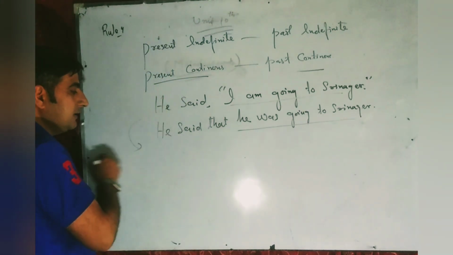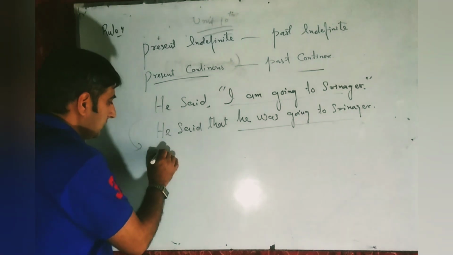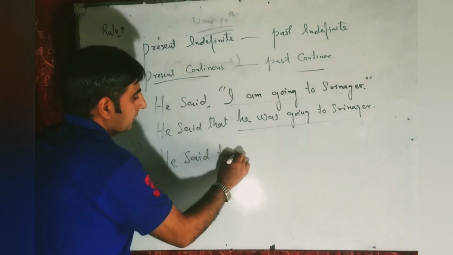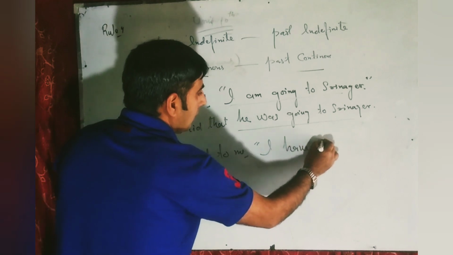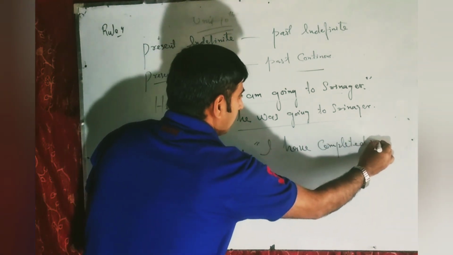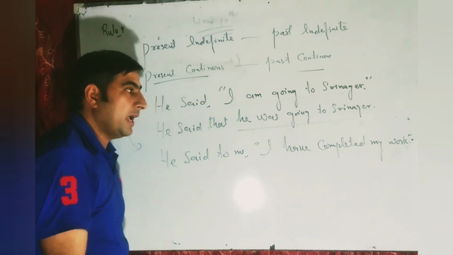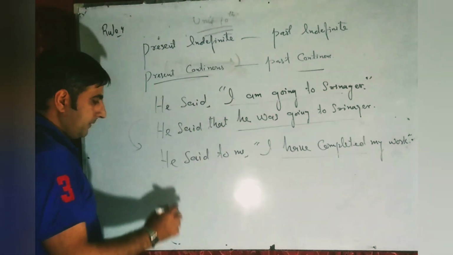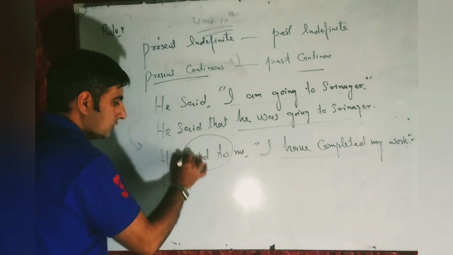Similarly, if the sentence is in present perfect, suppose he said to me, I have completed my work. I have completed my work is present perfect sentence. Now said will change into told.